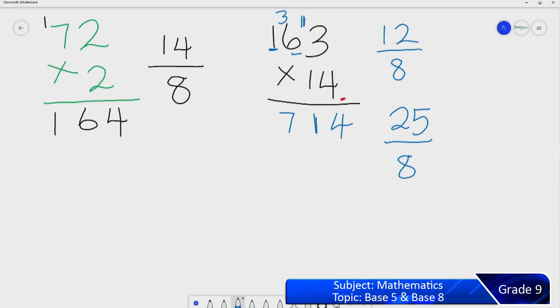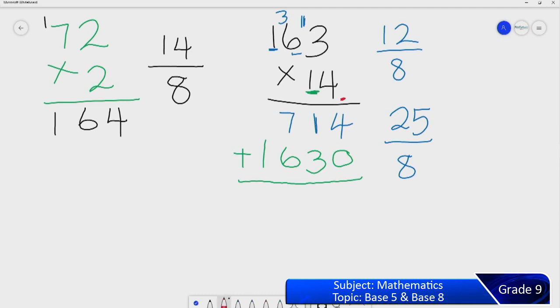So we move on to multiplying everything by 1. First step, add our 0 and then multiply. So we know that 163 multiplied by 1 would just be 163. So we could write 163. All of the numbers are less than 8, so we're good to go.